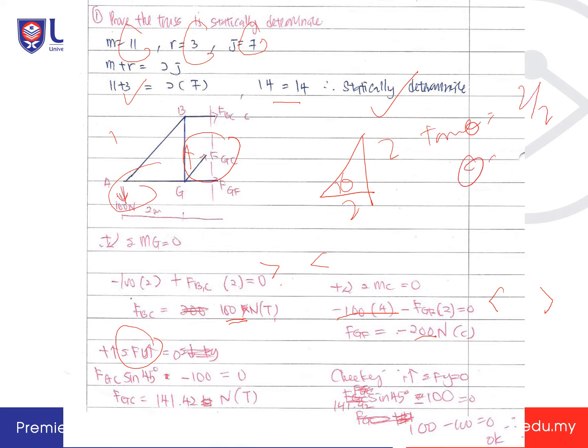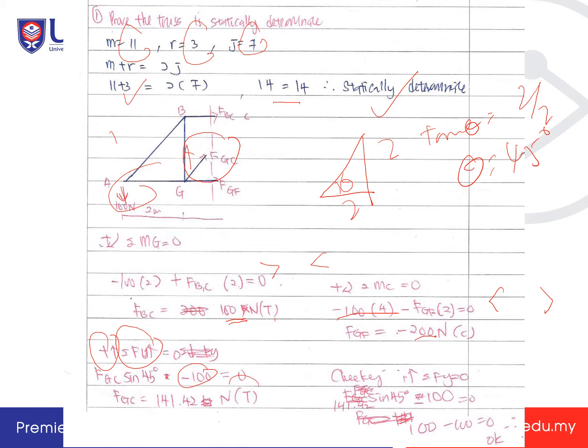You calculate back theta, you will get 45 degree. So total Fy equal to 0: FGC sin 45 degree, going upward is positive, you assume, so FGC sin 45 minus 100 going downward is equal to 0. So FGC is 141.42 Newton.